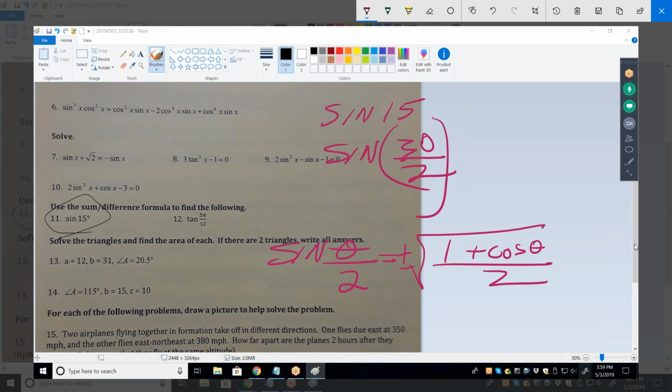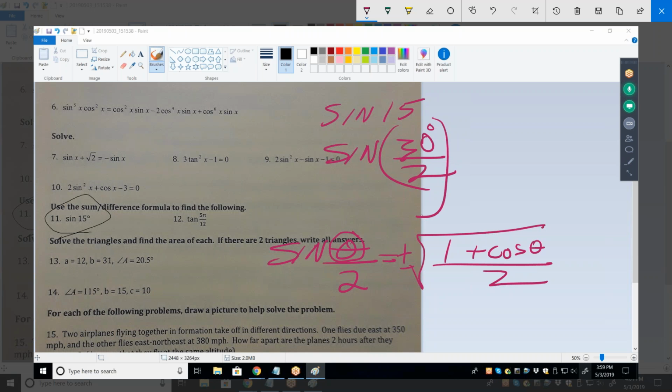Either one plus or one minus. We'll assume it's this. But can you see how this benefits us? In other words, theta is 30 degrees. It's not 15. Remember, I wrote it as 30 over 2, which makes theta 30.